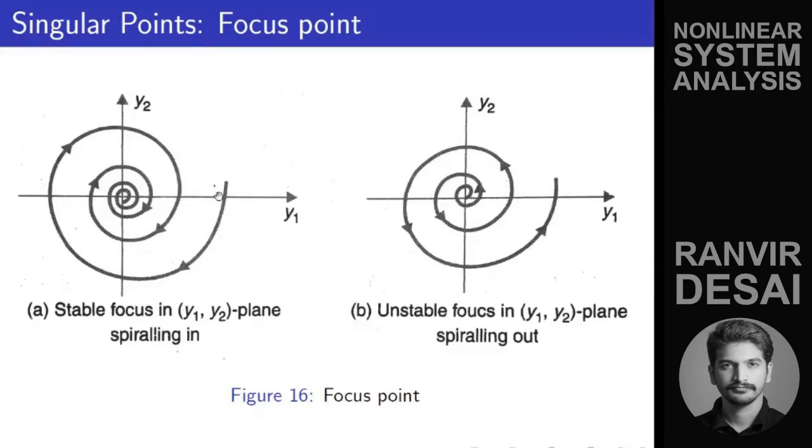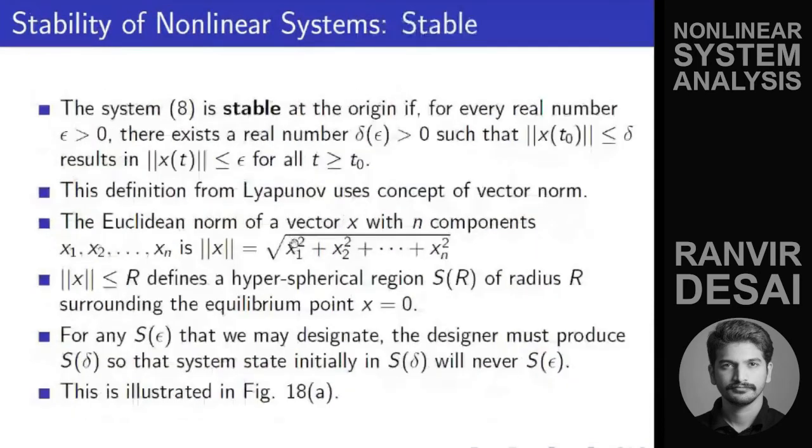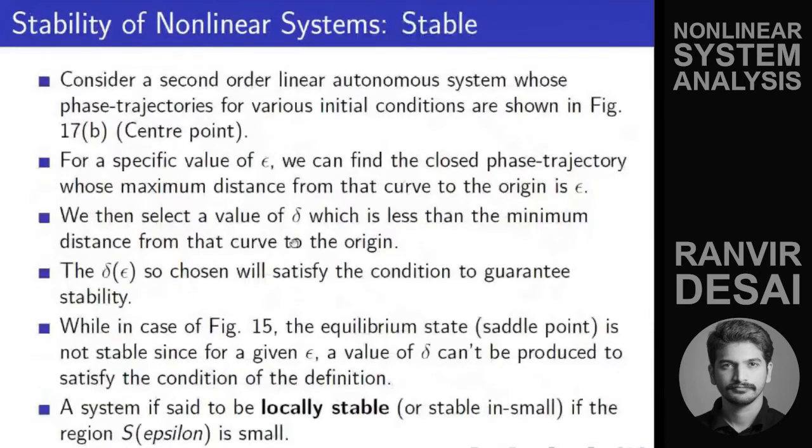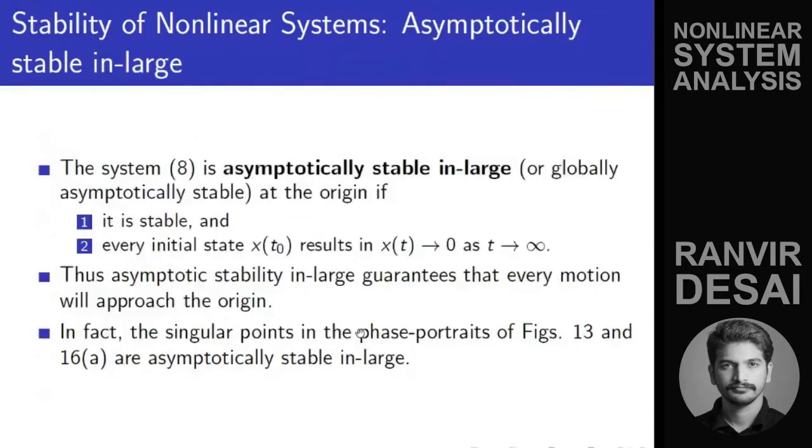This I was talking about. So this stable focus point is also an asymptotically stable equilibrium point. Yes, 16a, not 16b.